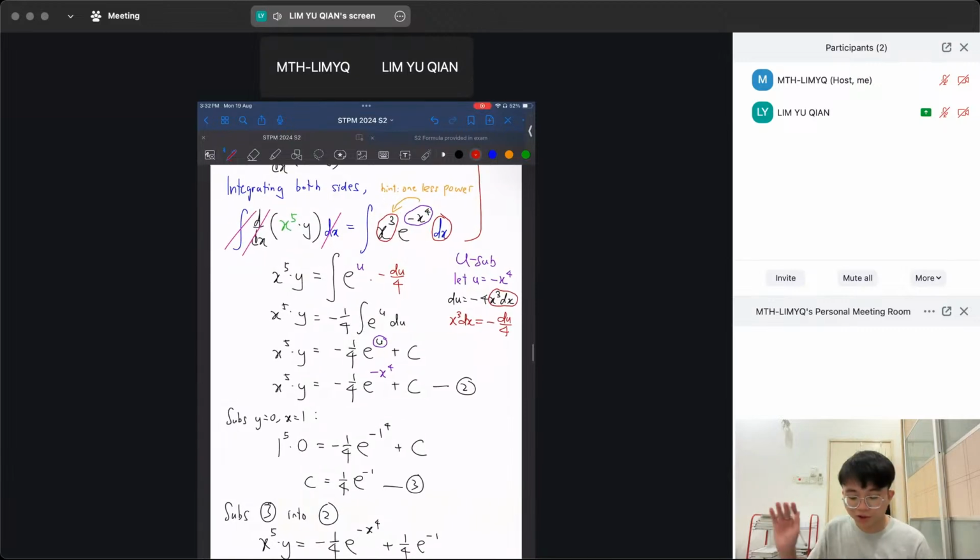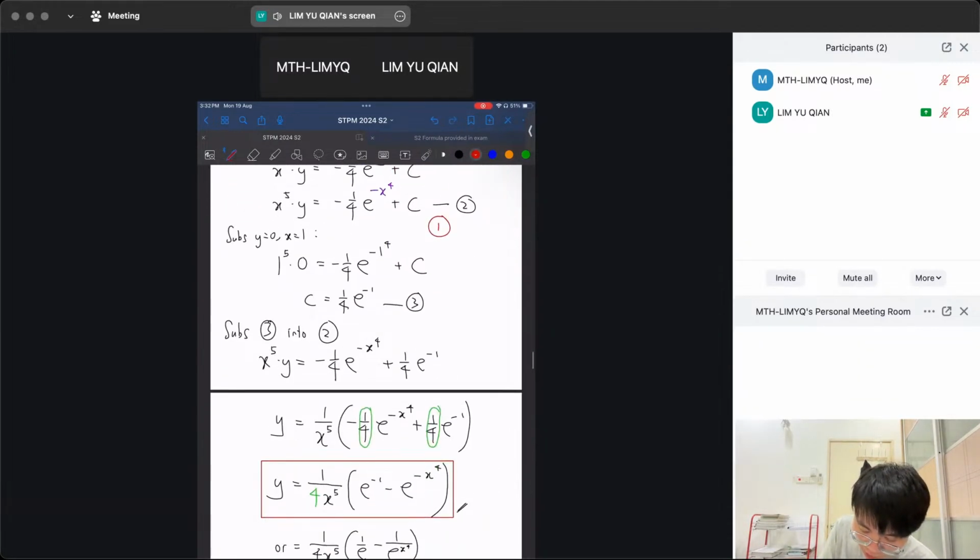And then the rest of the marks will be in your method to solve the integration. If you can recognize it is a u-substitution, everything here will be 1 mark also. And then if you are able to give the almost final form, except the value of C, you already can get 6 marks.